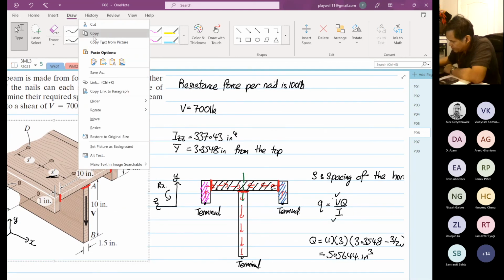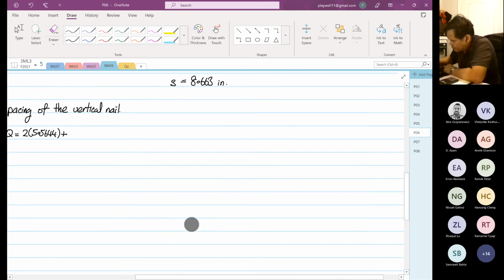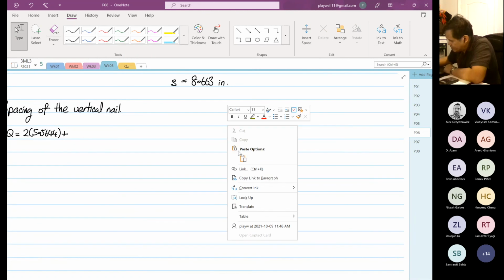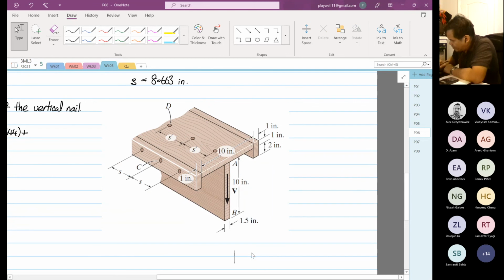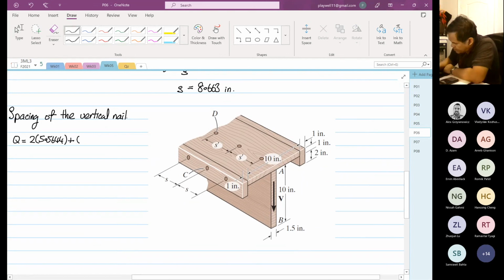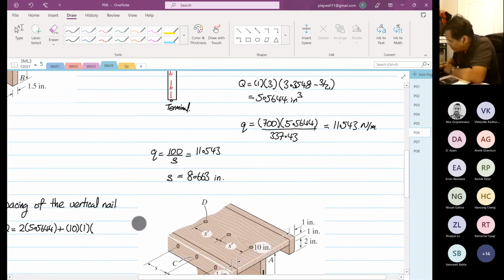Sorry guys, I'm going to paste it here so you can see better. Plus the width is 10, the depth is 1, and the Y bar, I remember we had 3.3548 minus 1/2.